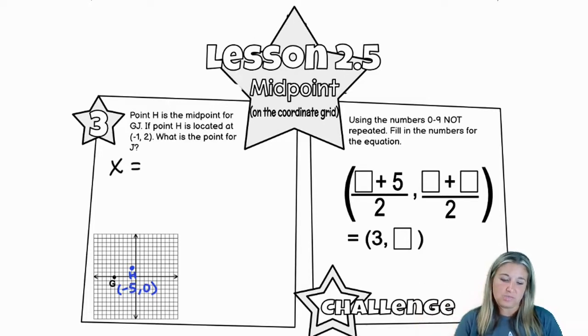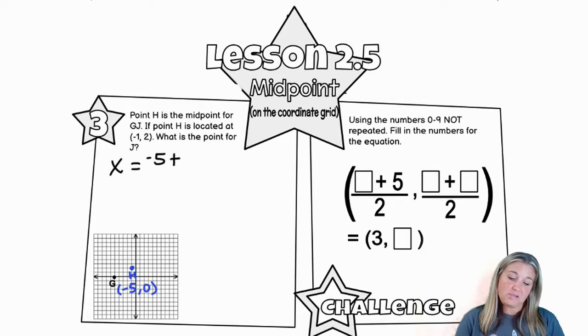It's called a subscript. So I'm going to have the Gx value, which is negative 5, plus, I don't know the x value for J, divided by 2. However, I do know the midpoint, the x value for H. H is at negative 1.